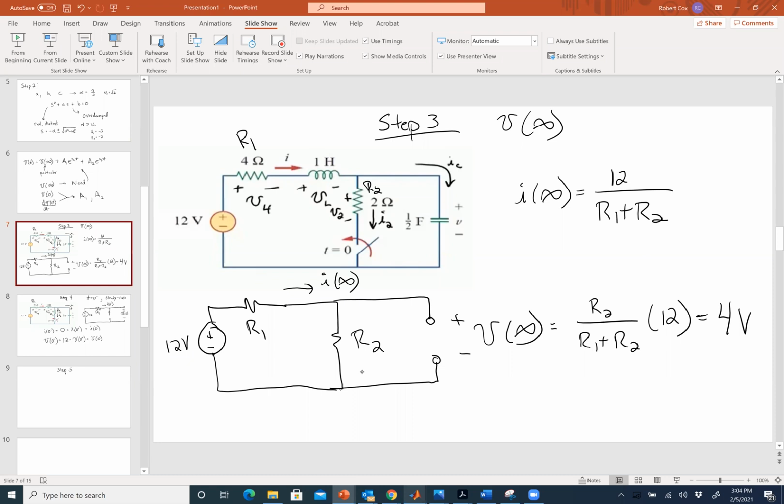The reason we define 0 minus and 0 plus is that right at 0, in mathematical terms, is kind of an undefined point in time. That's when the switch is making its move. So I look at right before the switch moves and right after the switch is finished moving. Does that make sense?